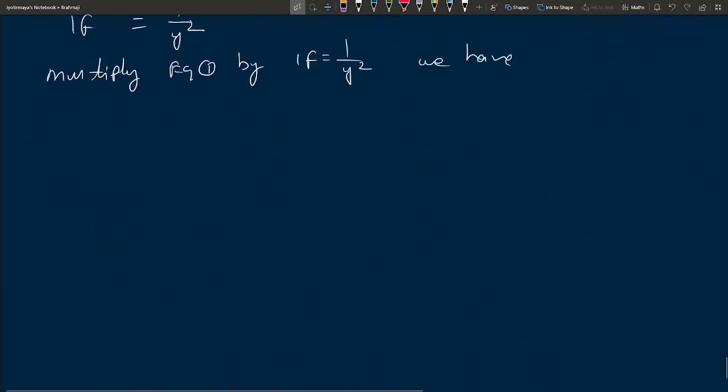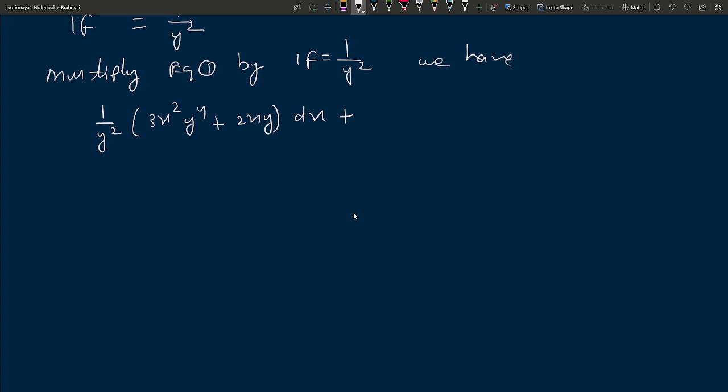So let's write equation 1 here, the question in my book. So this is 1 by y square into (3x square y to the power 4 plus 2xy) dx plus (2x cube y cube minus x square) dy.